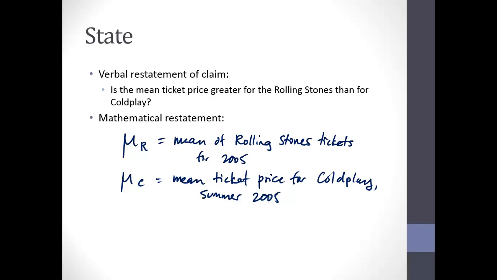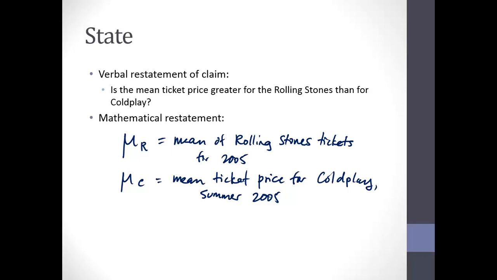So this is jumping ahead to what the alternative hypothesis will be, but how would we restate the question, the verbal restatement of the claim, mathematically using our symbols here? What's the question that we want to know? Mu sub r is greater than mu sub c.